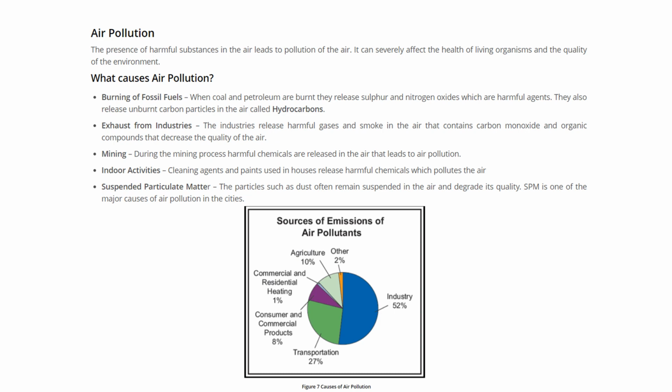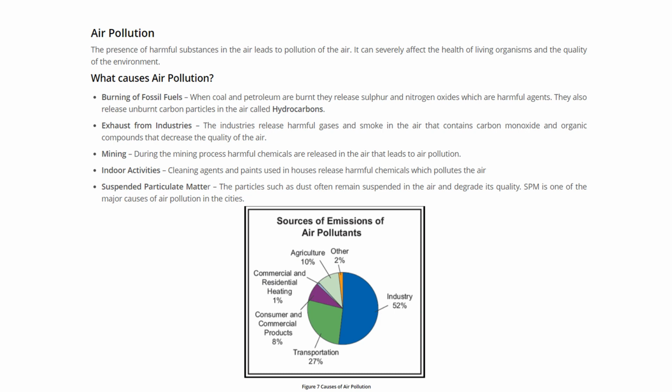And also, along with these oxides, there are many suspended particles that will be formed in the atmosphere from burning of the fossil fuels. That is the carbon particles, and also they are called the hydrocarbons.